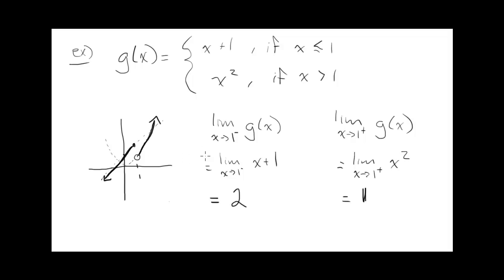So you can see that as you go to 1 from the left, you're approaching this number, which is 2. As you go to 1 from the right, you're approaching this number, which is 1.